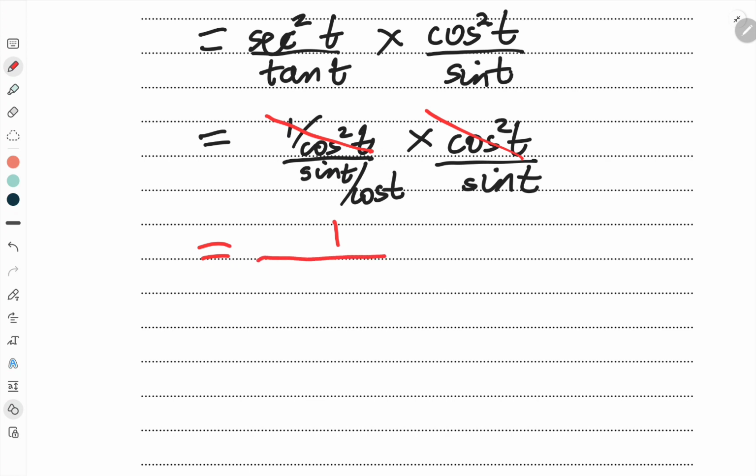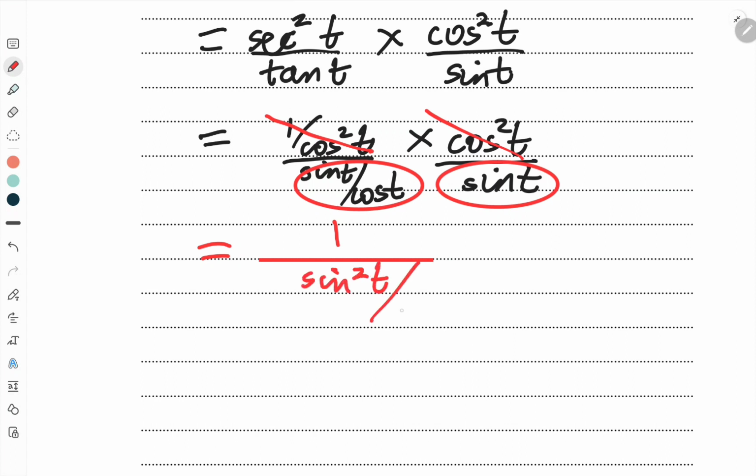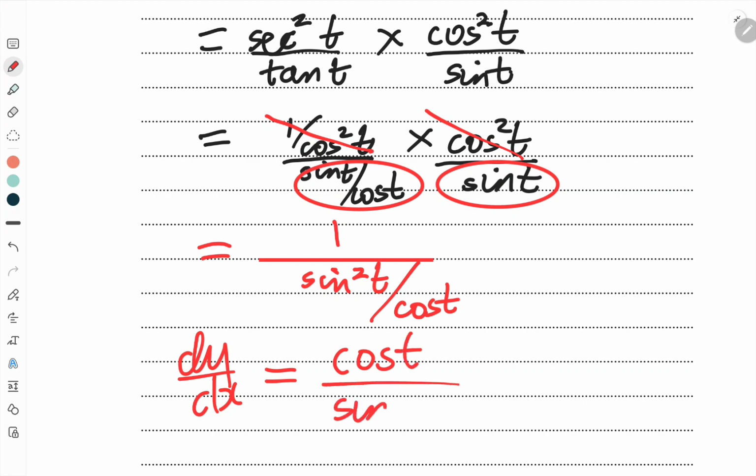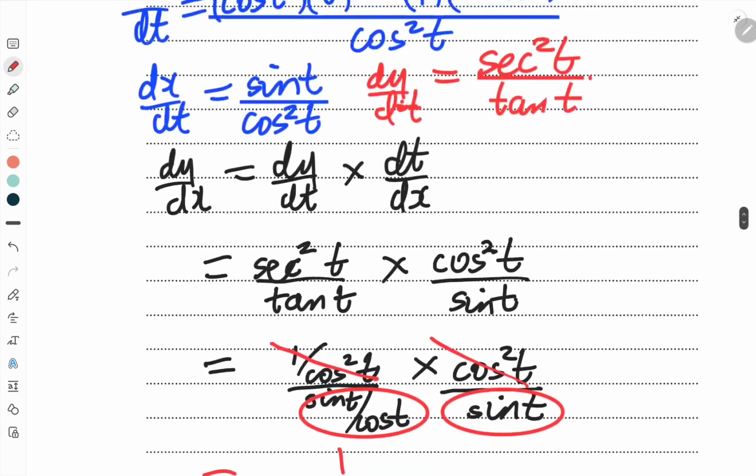And the 1 is all over the multiplication of these two denominators. When sine t over cos t is multiplied by sine t, I am getting sine squared t over cosine of t. And of course, when one divides by a fraction, the fraction becomes inverted and we get cos t over sine squared t. So that's our dy/dx.